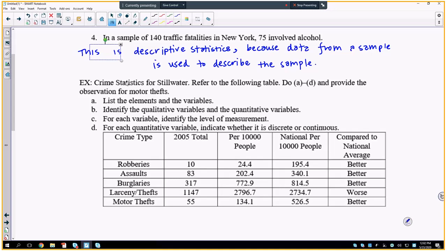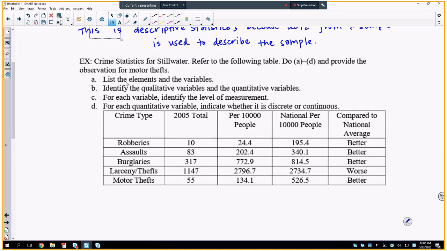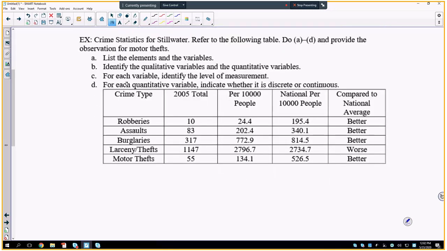All right, so here we have a table, crime statistics in Stillwater. We want to refer to the following table and then complete A through D, and provide the observation for motor thefts. So first, let's familiarize ourselves with the table and see what it's telling us.